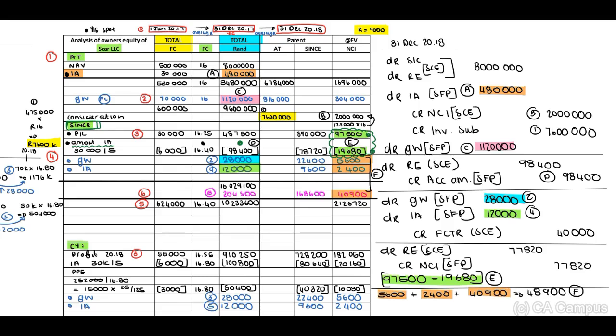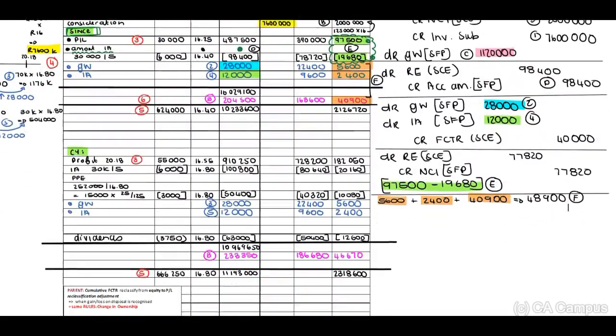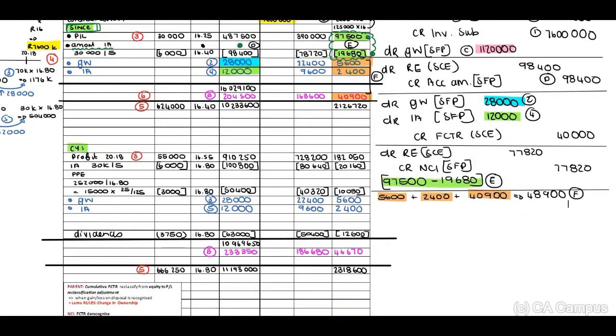Now, if we need to allocate this, what is our journal entry? Our NCI increases on the credit side, therefore we need to debit our FCTR account in our statement of changes in equity. Remember, we are in 2018, but this relates to 2017. Therefore, we make use of our FCTR in the statement of changes in equity, and we need to credit our NCI.